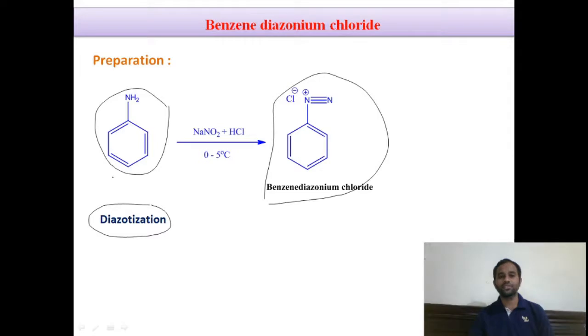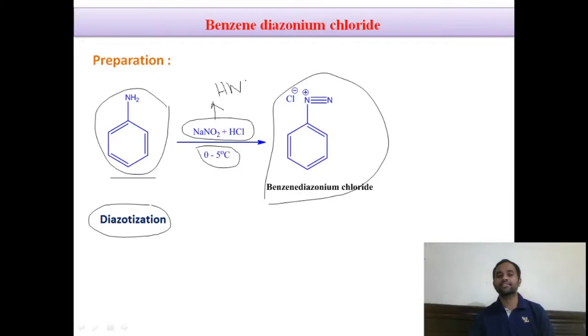In this, generally we take the aromatic amine, that is aniline, and subject it to sodium nitrite in the presence of an acid medium, hydrochloric acid, under cold conditions, that is between 0 to 5 degrees Celsius. From this sodium nitrite and hydrochloric acid, we get nitrous acid.